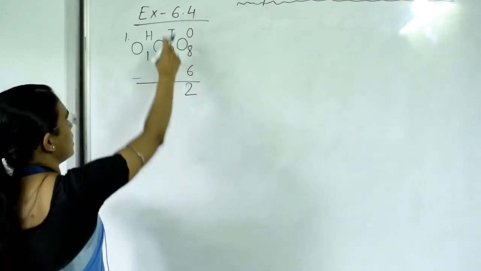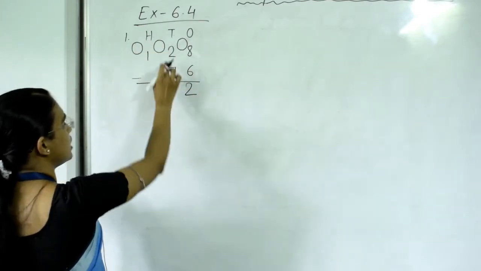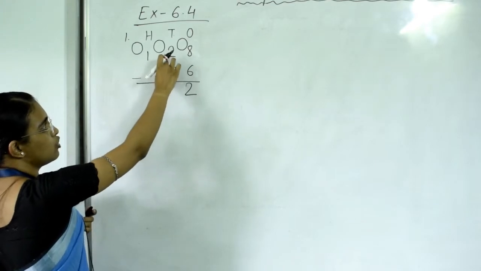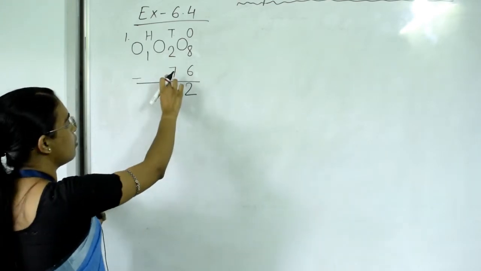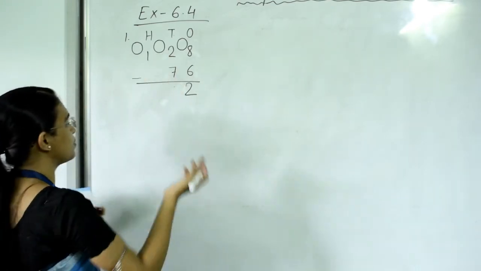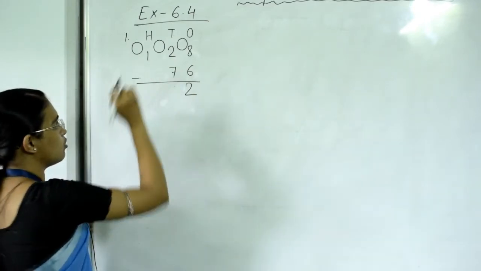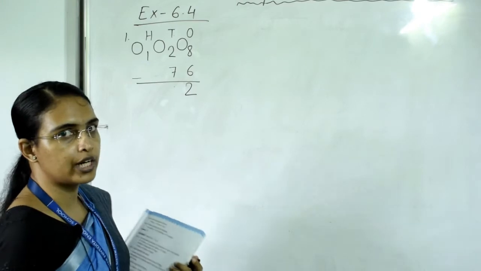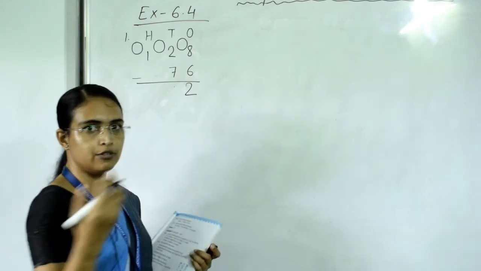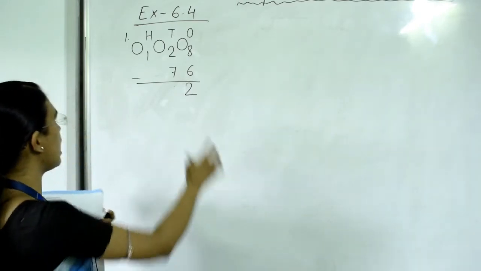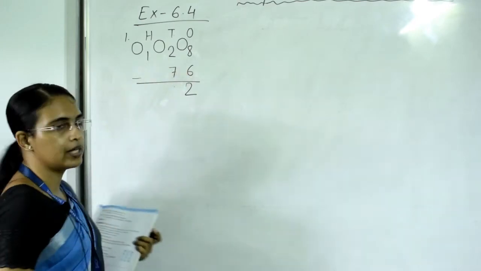Now we will do the tens place. So here in the tens place, at the top we have 2 and down we have 7. So which one is bigger, 2 or 7? 7 is bigger, right? But it is at the down. So what we have to do, we can't subtract a bigger number from a smaller number. So we have to make this 2 a bigger number, right?